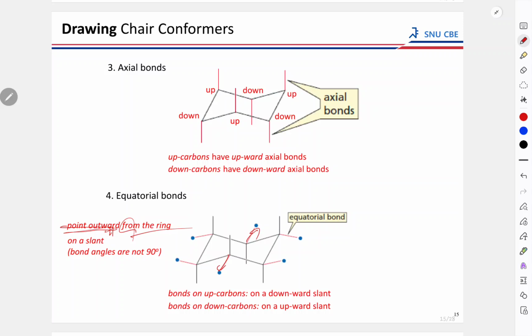Same is true here, there, here, here, and here. Right? And when you draw this equatorial bond, you should draw it on a slant. Bond angles are not 90 degrees, right? It's about 110, right? So you should draw a slanted line.